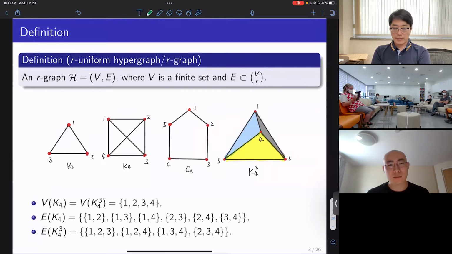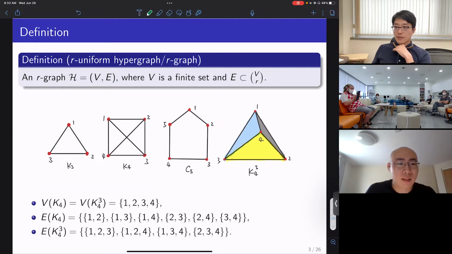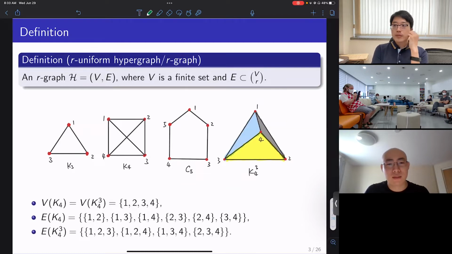So here we have some simple examples. The first three are graphs. So you have 3 vertices and you connect all pairs, you get a complete graph. Here you get a K3, complete graph on 3 vertices. You have K4, you have C5.